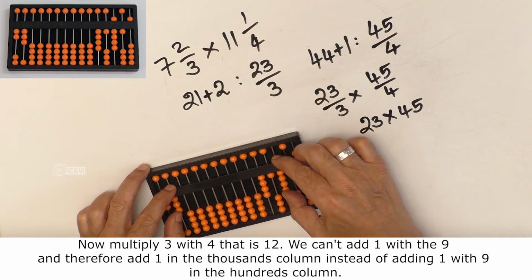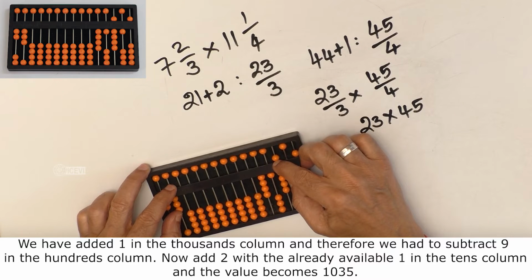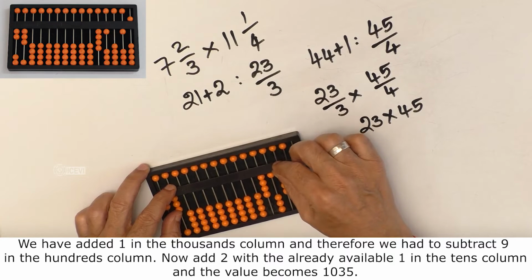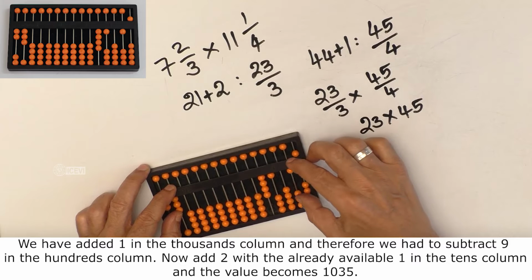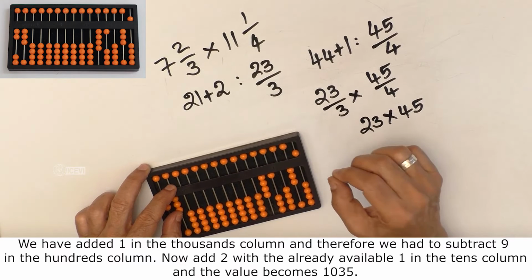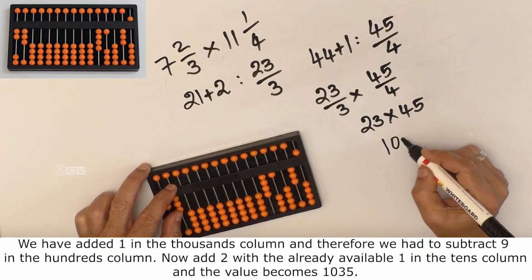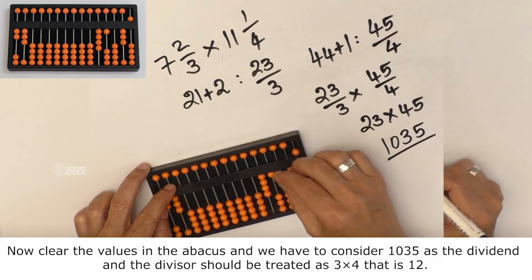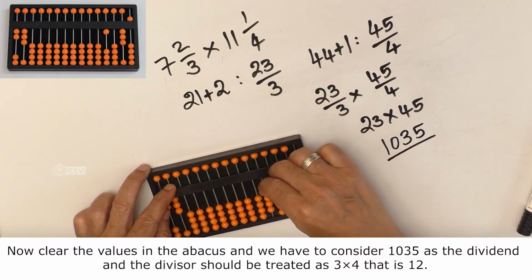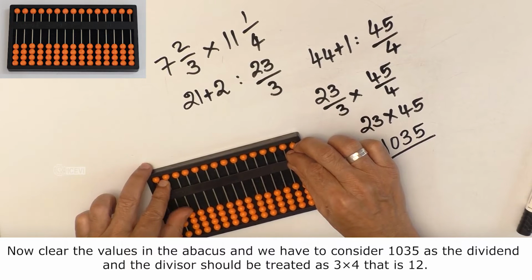Instead of adding 1 with 9 in the hundreds column, we have added 1 in the thousands column, and therefore we have to subtract 9 in the hundreds column. Now add 2 with the already available 1 in the tens column, and the value becomes 1035.